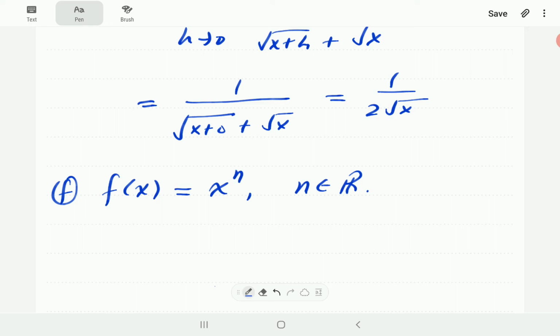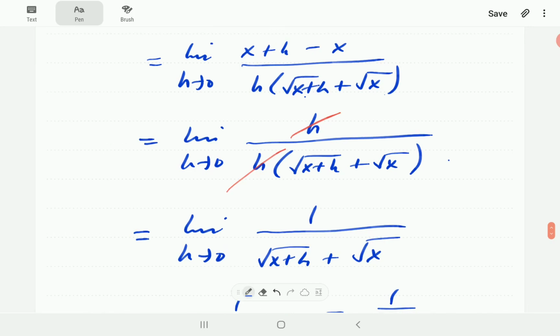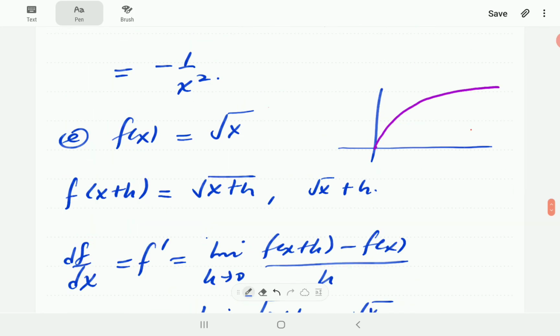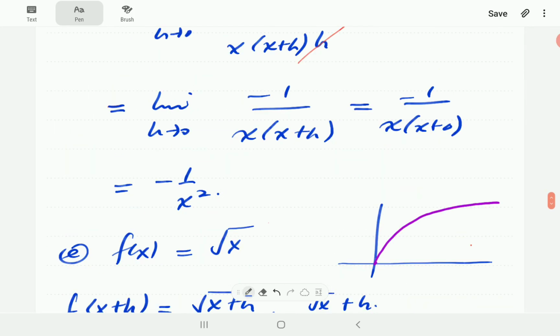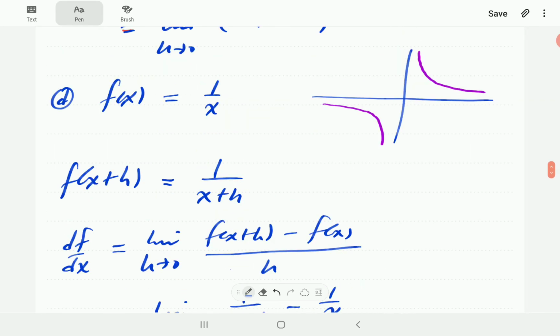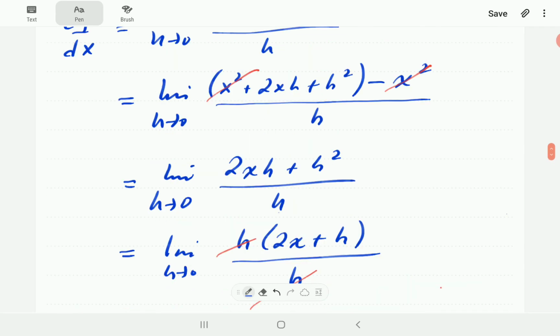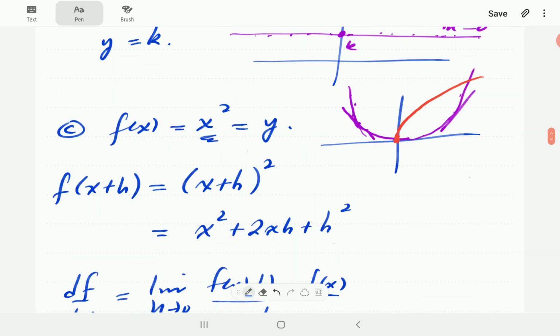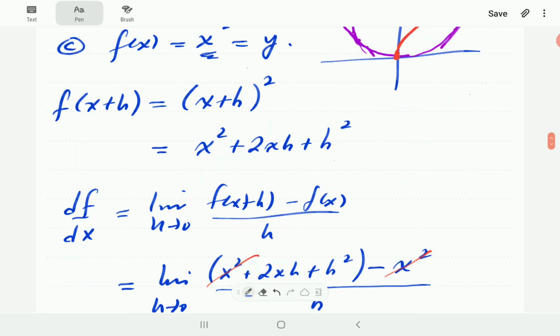Actually, this is going to give us a result that covers E. It also covers D, and it also covers C, because all these functions are powers of x.